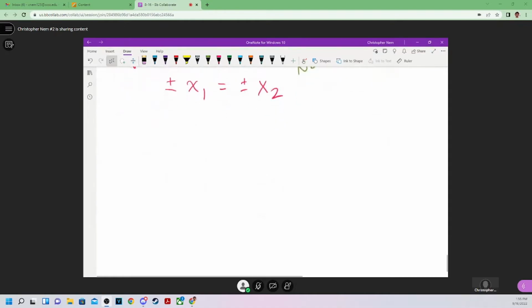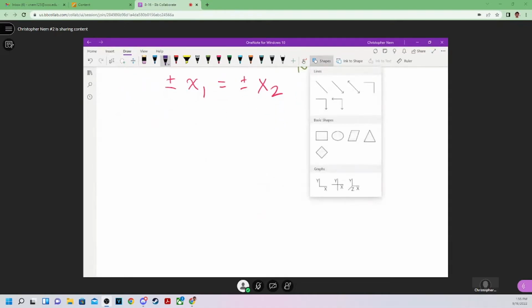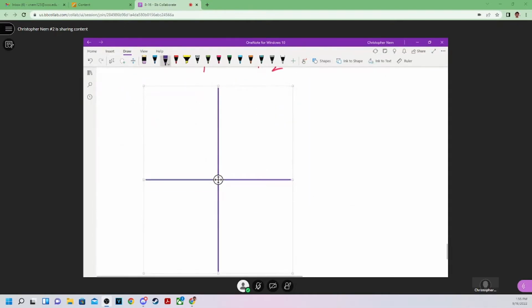So the good side, though, even if it's not one-to-one, f of x equals x squared, even though this function is not one-to-one because it fails the horizontal line test and by definition it doesn't work, what we can do instead is restrict its domain, like how we do it piecewise.